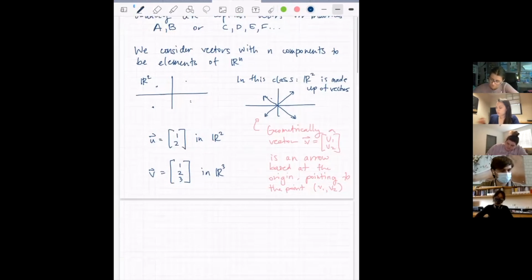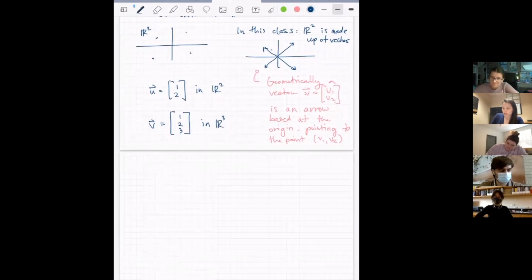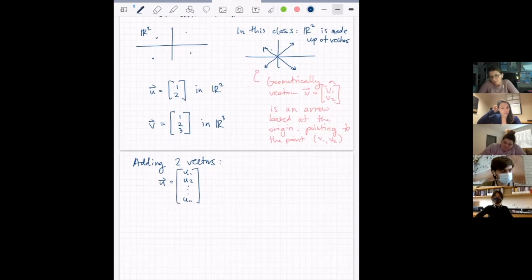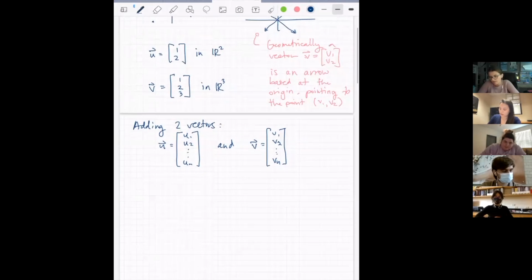Okay, so we can add vectors together. When we add two vectors, say we have u, that is u1, u2 up to un, a vector in Rn, and we have another vector in Rn v, so v1, v2 up to vn. Adding them together means we just add the components together, okay?